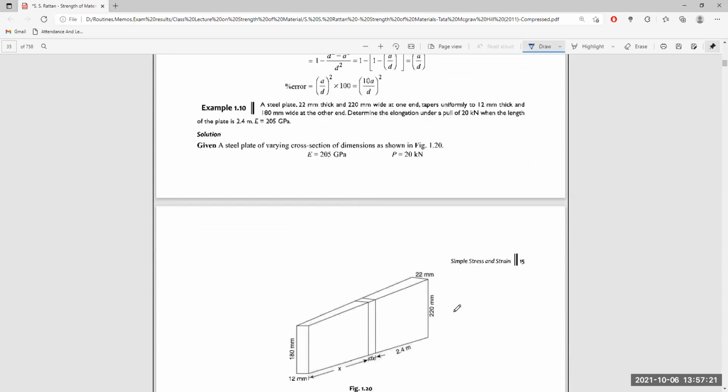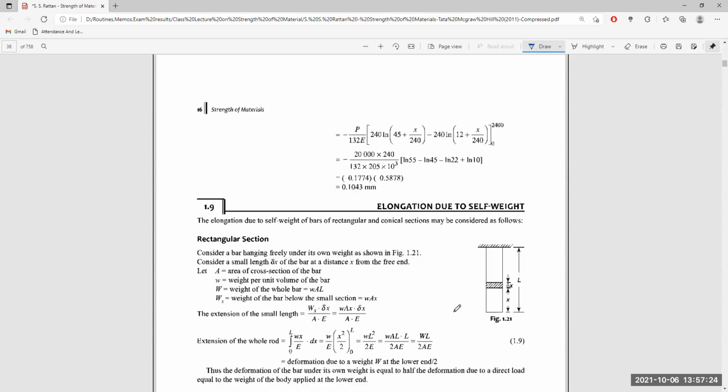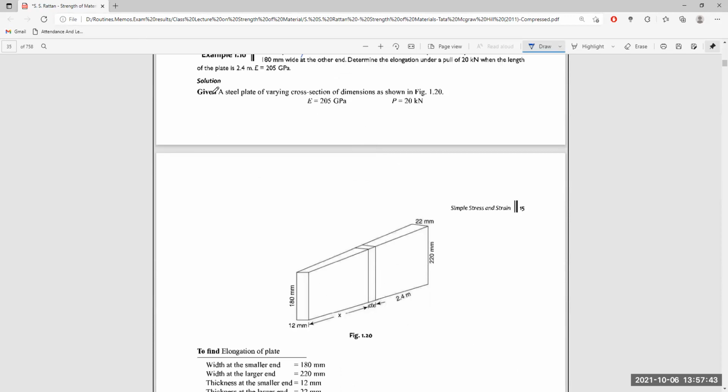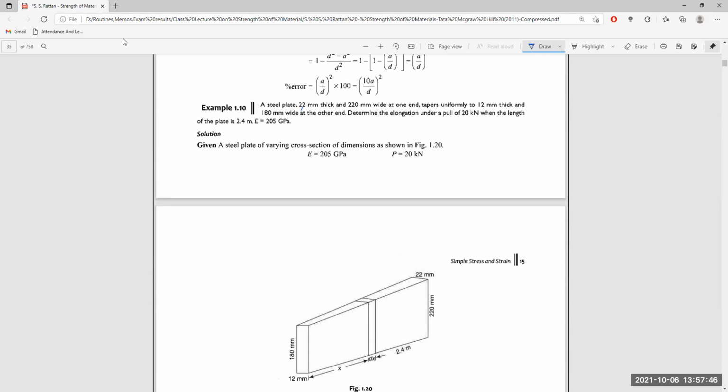Now let us go through one comparatively complicated problem. Here we have a plate of thickness 20 millimeter at the small end, and the width, that is the bigger side, is equal to 220 millimeter.